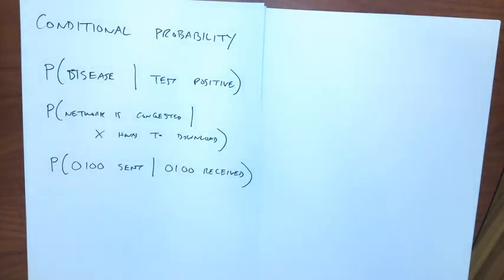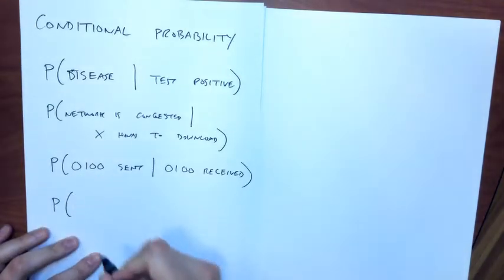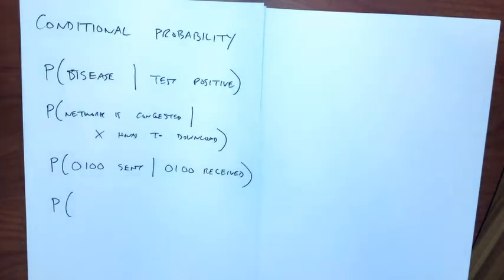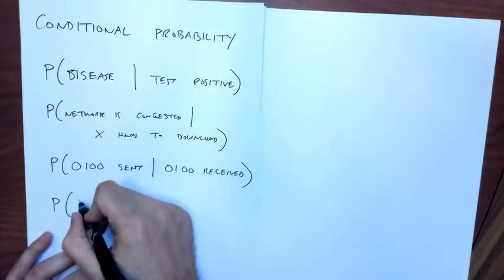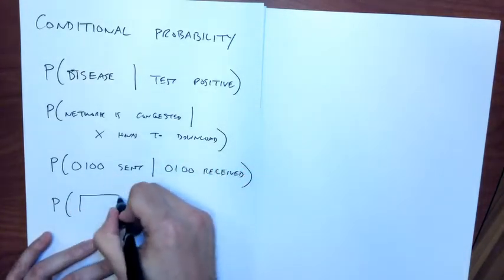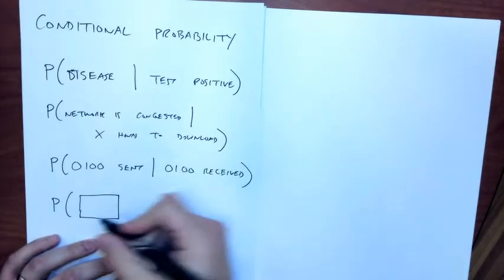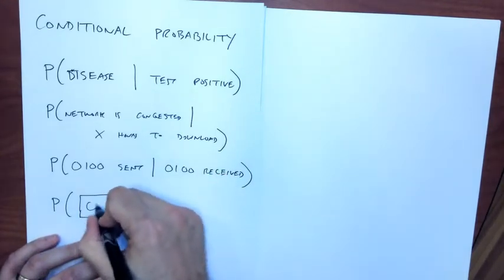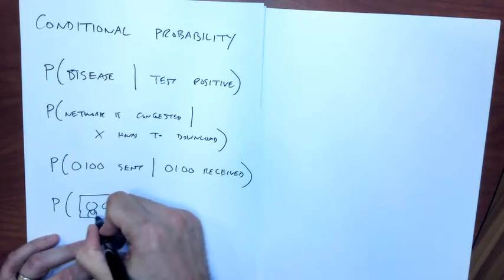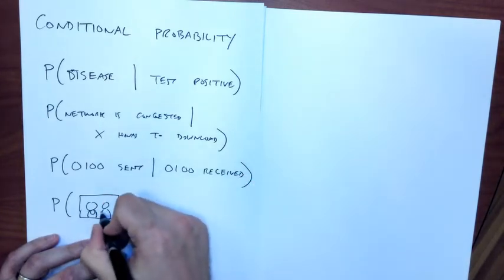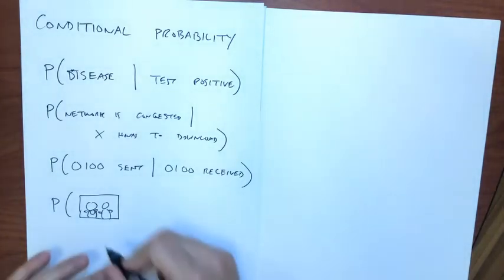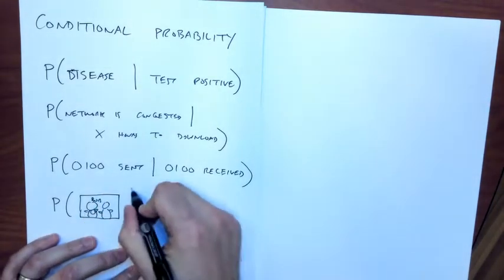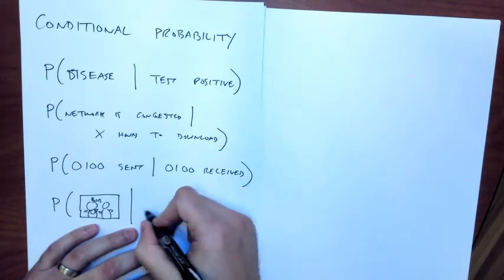Again, in the more machine learning world, you want to know what's the probability that this picture contains your friend Bob, given that I know there are humans in the picture?